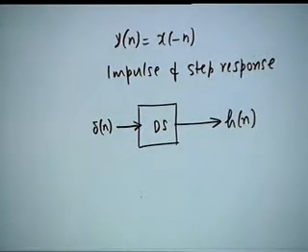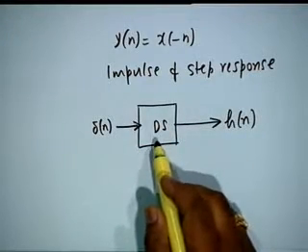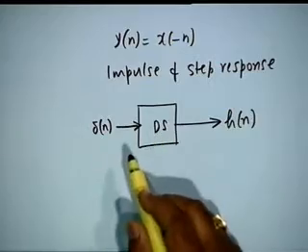If h of n is 0 for n less than 0, then the system will be causal, because delta n comes at n equal to 0.